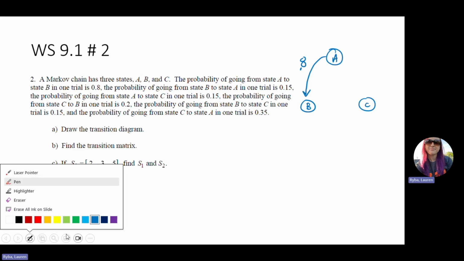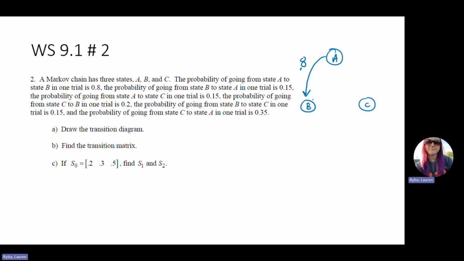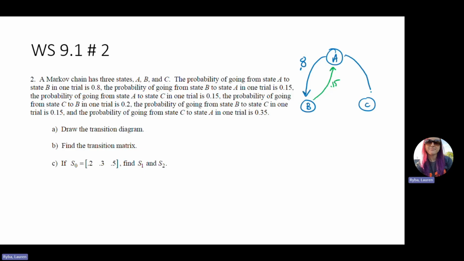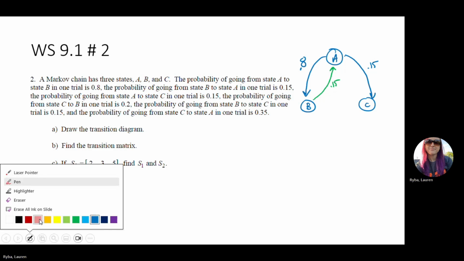All right, I'm going to pick different colors coming out of each circle. So coming out of B is 0.15. The probability of going from A to C, so coming out of A, I did blue, is 0.15. The probability of going from C to B is 0.2. Let's make that red.